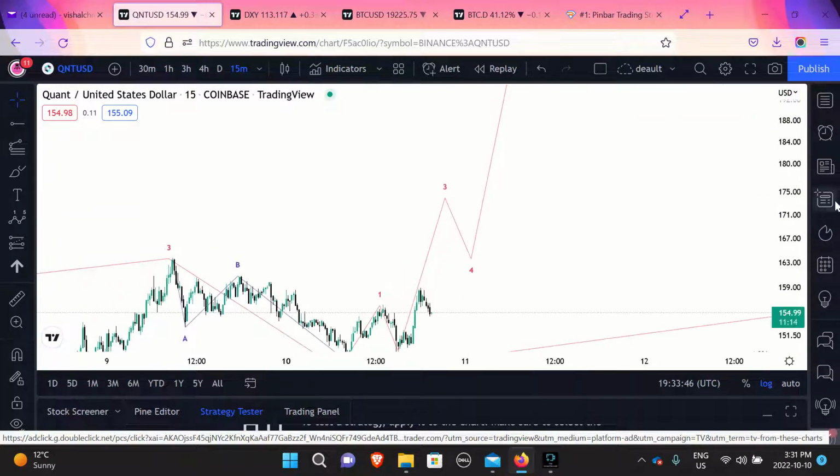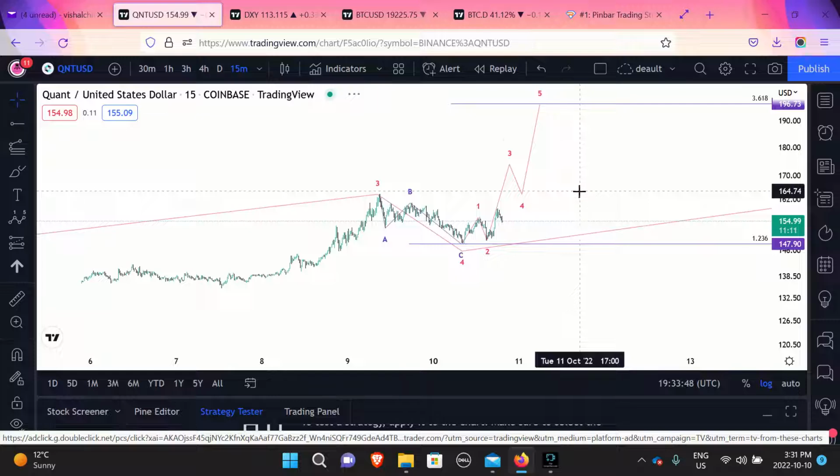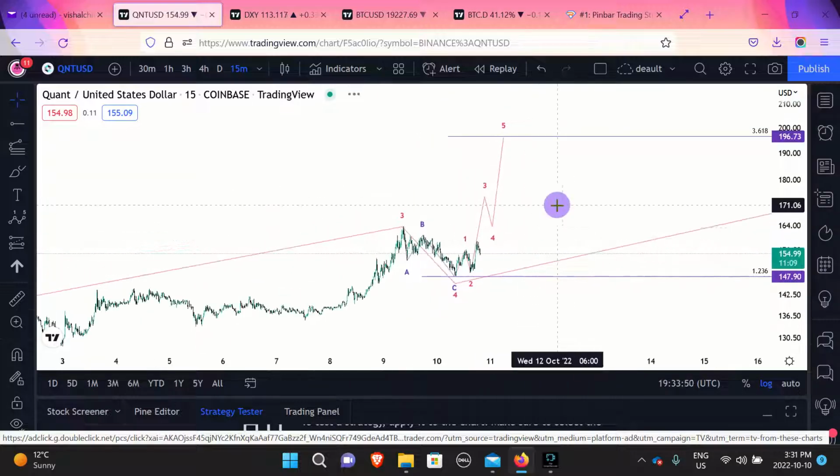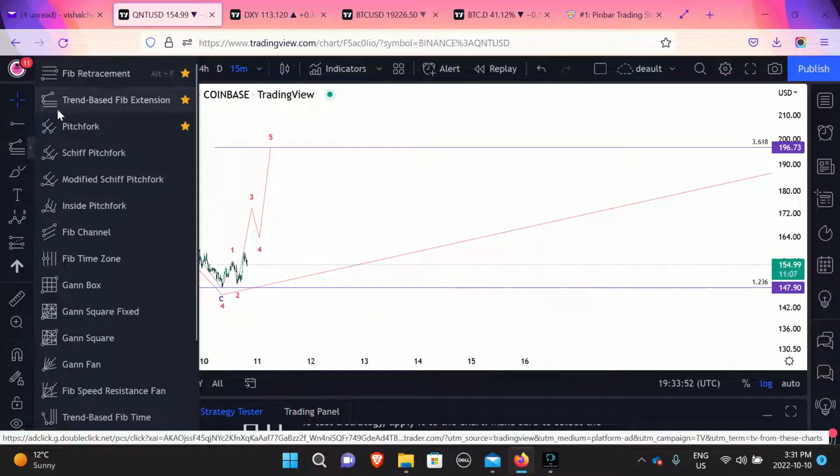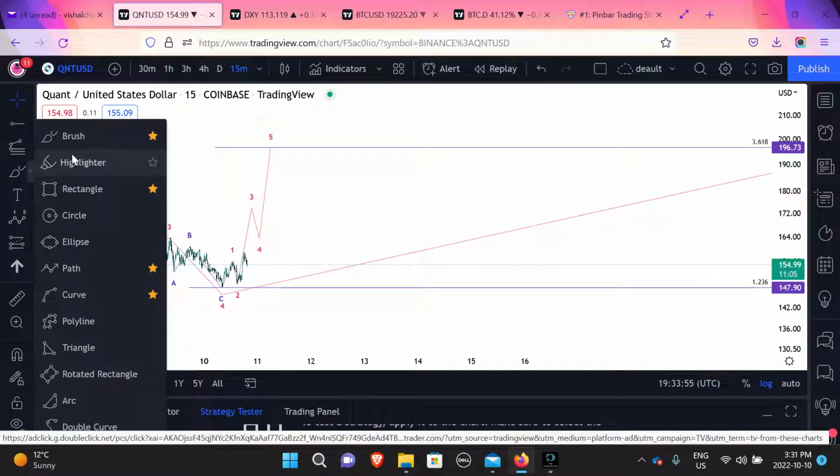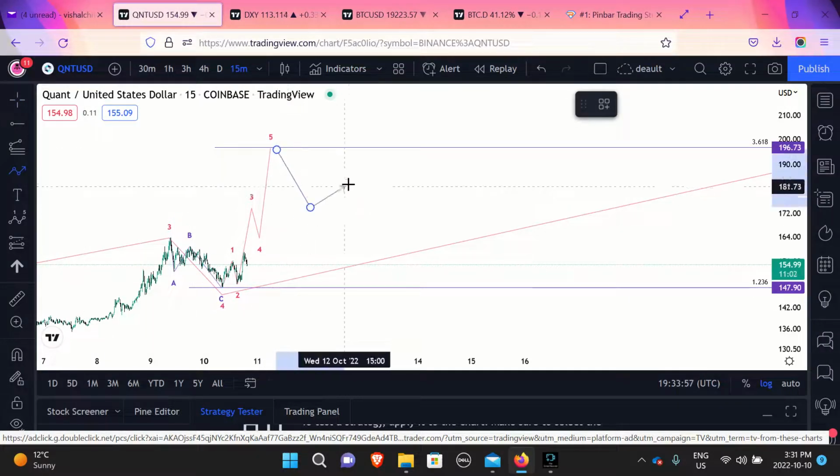Something like that. That's just a rough estimate of where I think we will head to. And then what we can do from there is we would see a pullback or a correction.